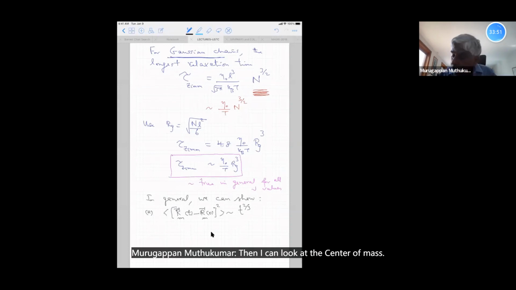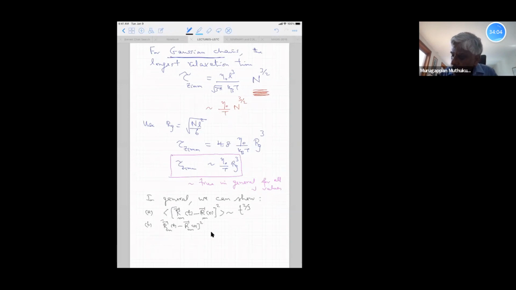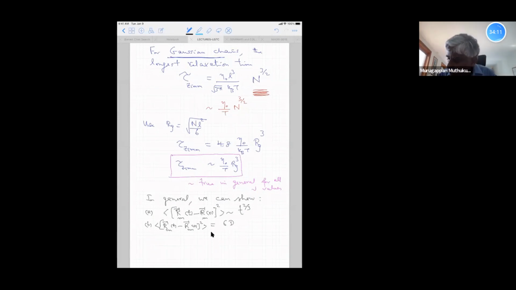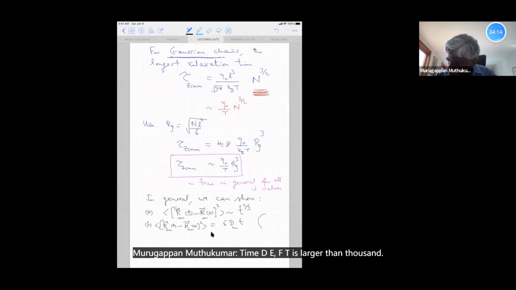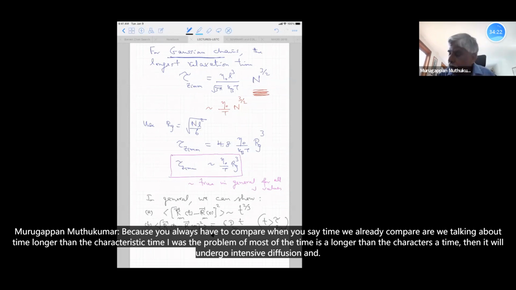Then I can look at the center of mass calculation, the center of mass at time T, similar to what we discussed for Rouse, squared. This is equal to, for long enough times, 6 D center of mass times T, if T is larger than tau Zimm. Because you always have to compare: when you say time, are we talking about time longer than the characteristic time of the problem or not?